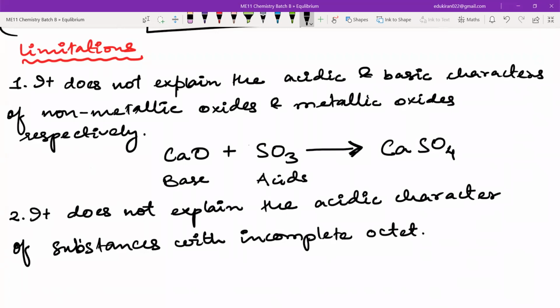Substances with incomplete octet. Okay, for example, BF3, BCl3, AlCl3. Okay, these things.